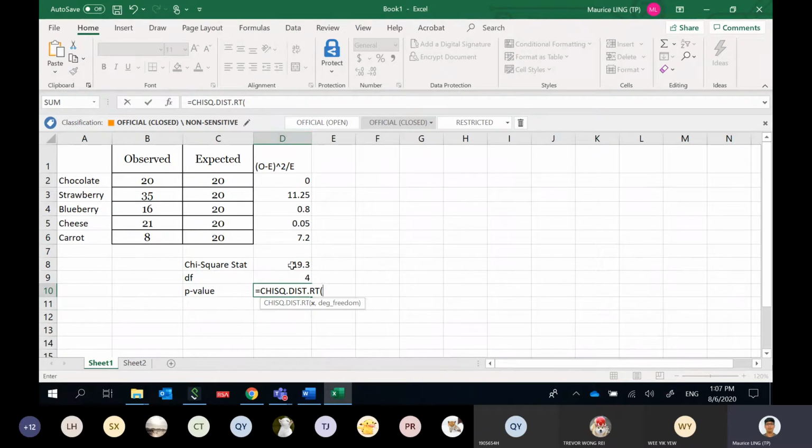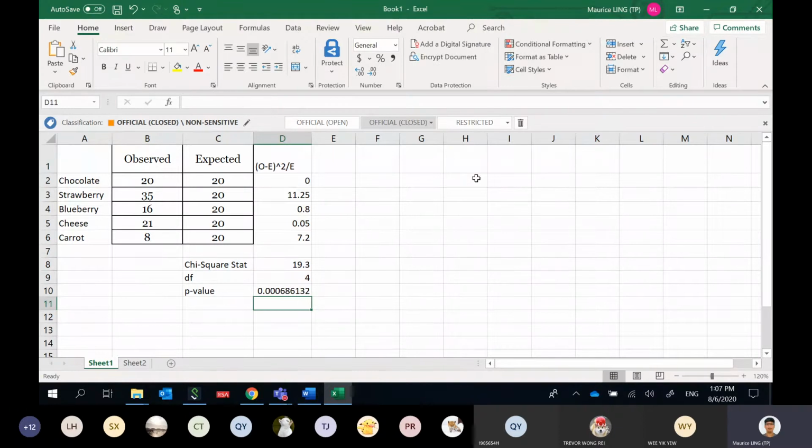X is your chi-square statistic, so X is 19.3. Degrees of freedom is 4. When you have that, you end up with this. No, not the degrees of freedom, the p-value is 0.00068. Got that?